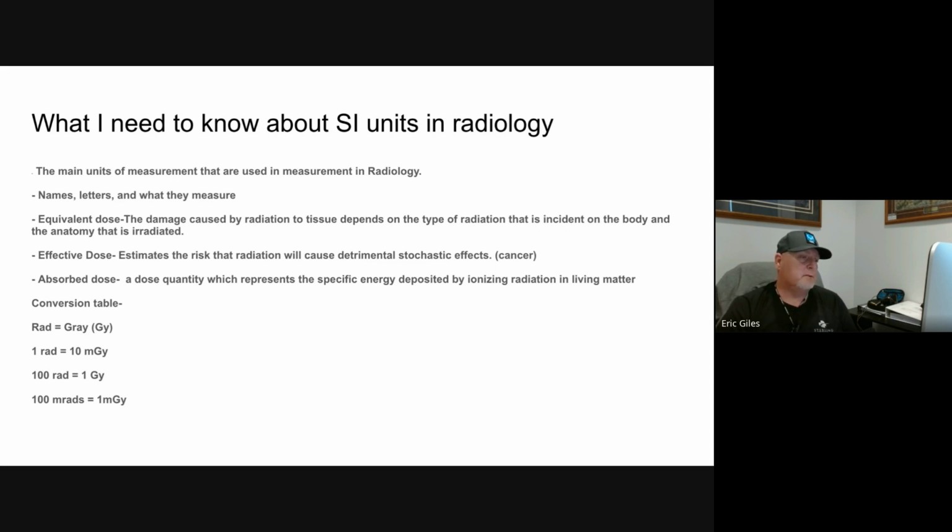Okay, absorbed dose, the dose quantity, which represents the specific energy deposited by ionizing radiation in living matter. So absorbed dose is exactly what it says it is. It's the quantity of radiation that is deposited by ionizing radiation in living matter. Okay, here's a little bit of a conversion table.